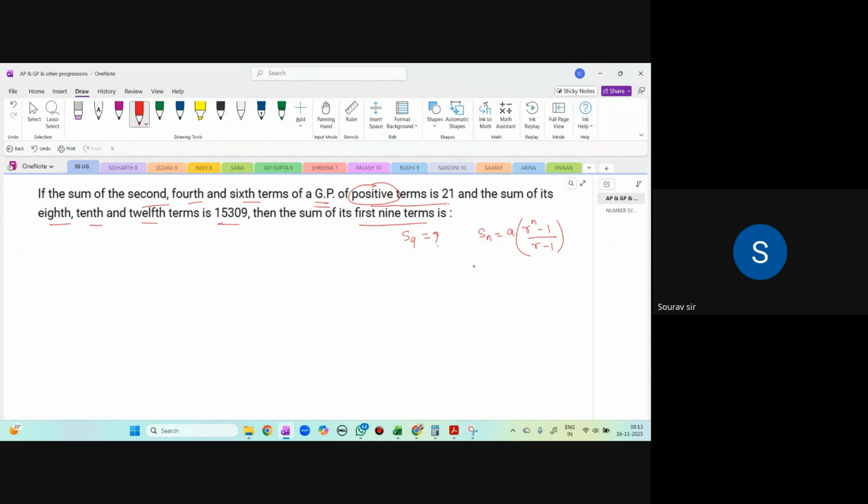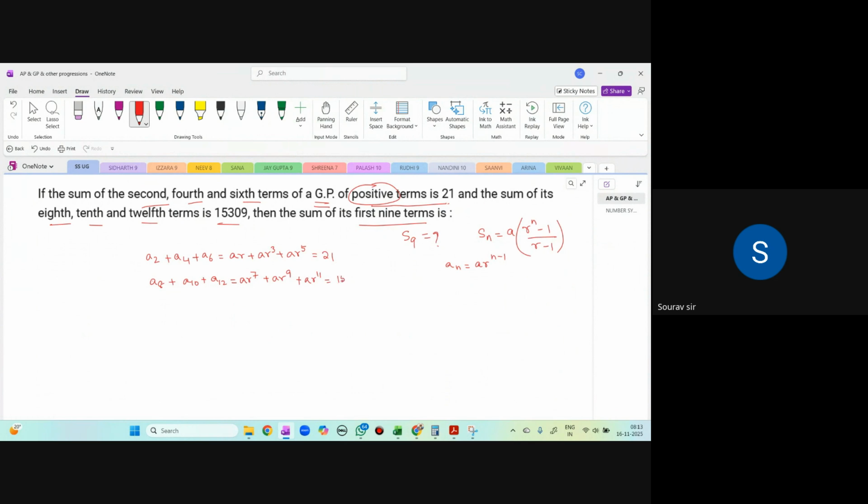So An is given by A into r to the power n minus 1. So the second term, A2 plus A4 plus A6 will be AR plus AR cube plus AR to the power 5, and this is given as 21, and A8 plus A10 plus A12, which is AR to the power 7 plus AR to the power 9 plus AR to the power 11.